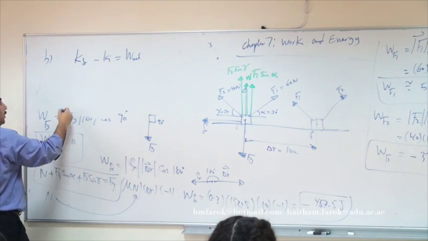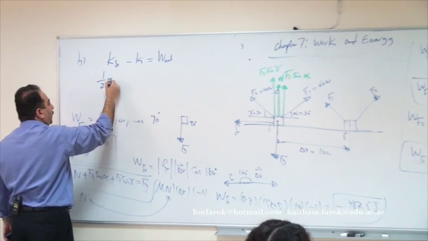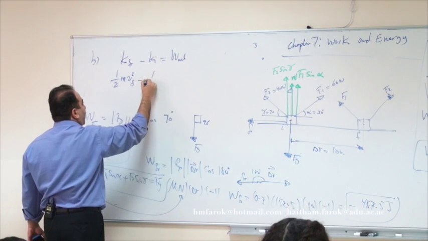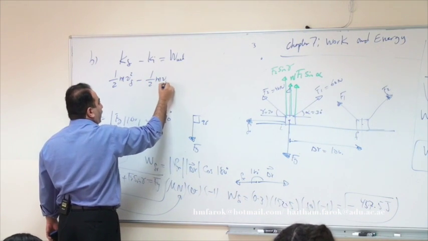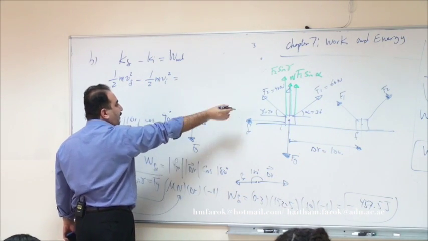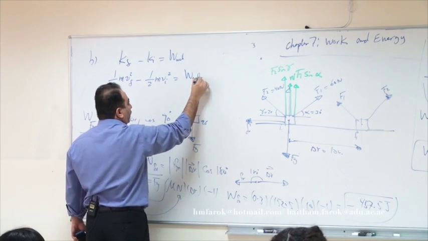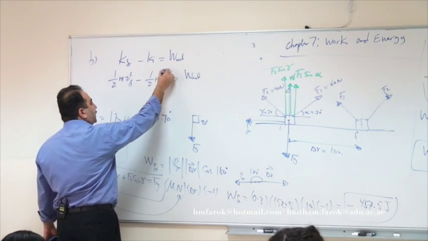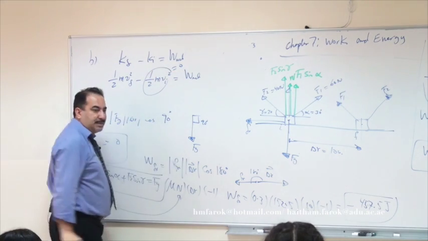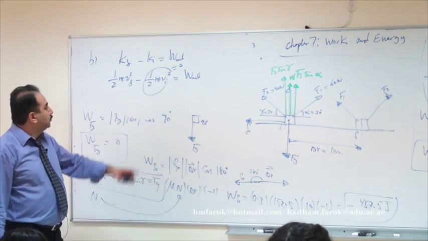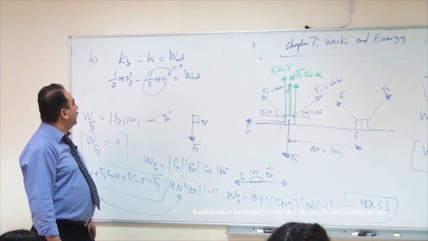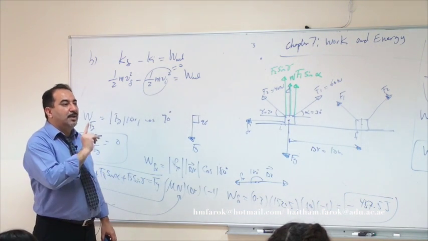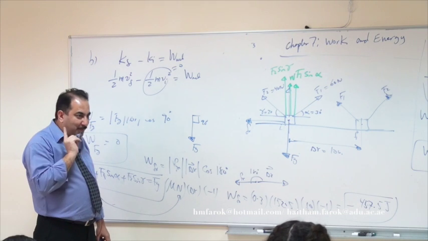Kinetic final, half m v squared final, minus kinetic initial, half m v initial squared, and W net is what you found. Now, this is of course 0, because it started from rest, yeah? All right? But I have a problem here. Still, we have a problem of numbers.